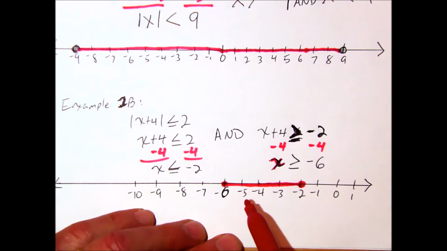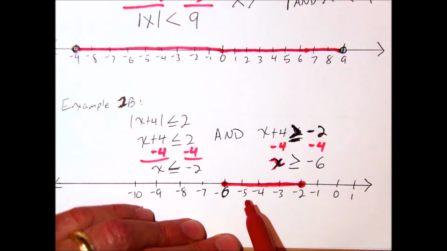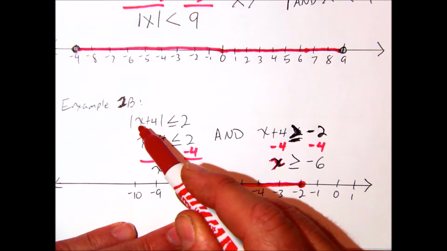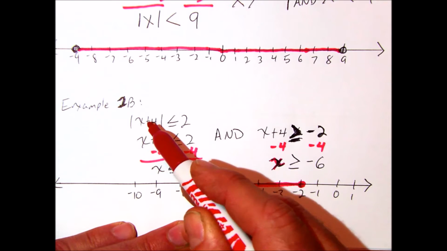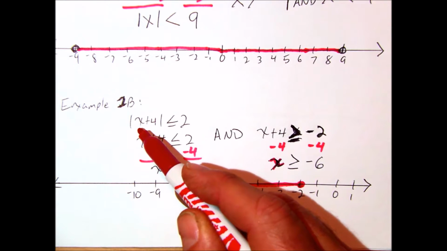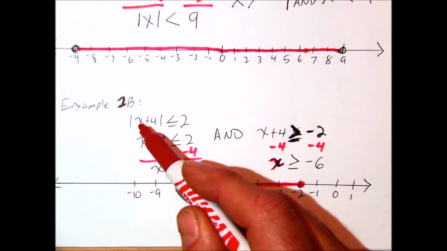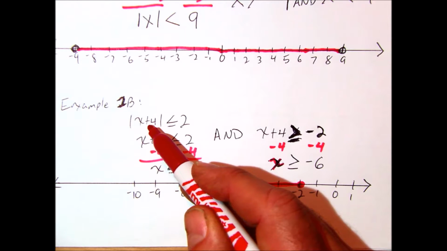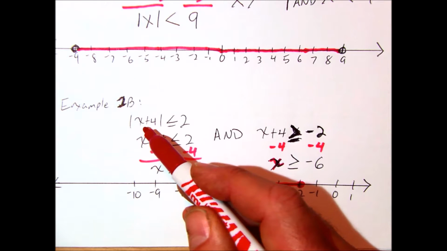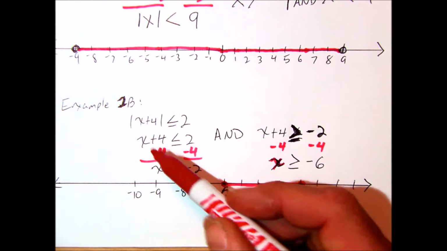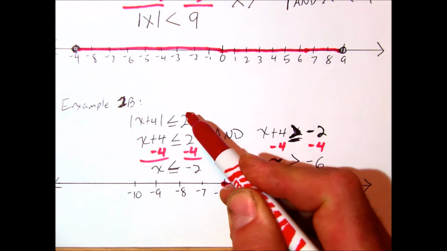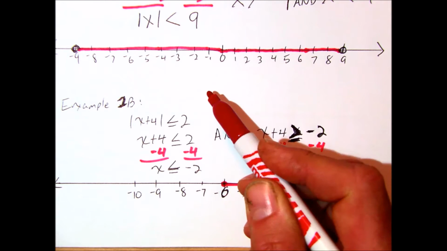And then if I plug in values to check my answer, -5 into my original absolute inequality, -5 replaces x, so -5 plus 4 will give me -1. The absolute value of -1 is, of course, 1, which is less than 2.